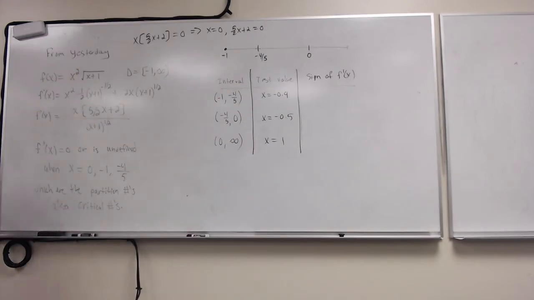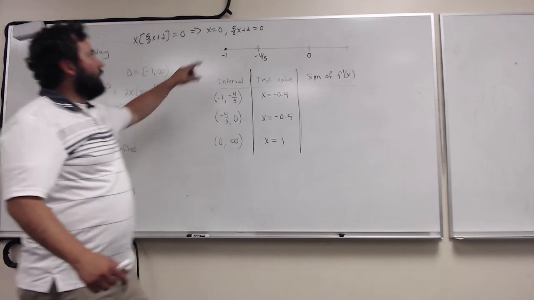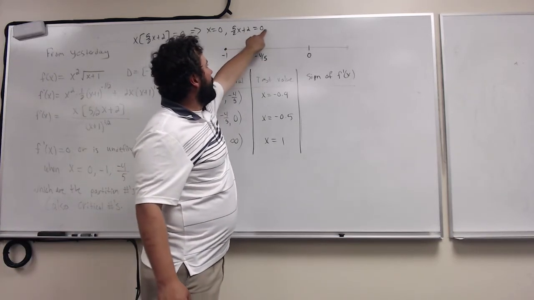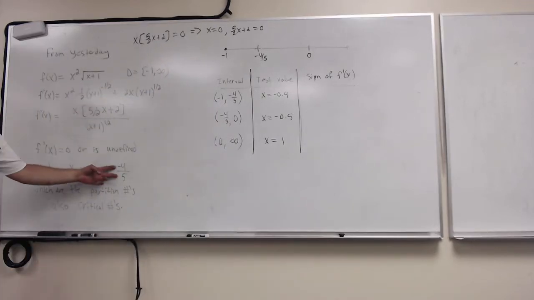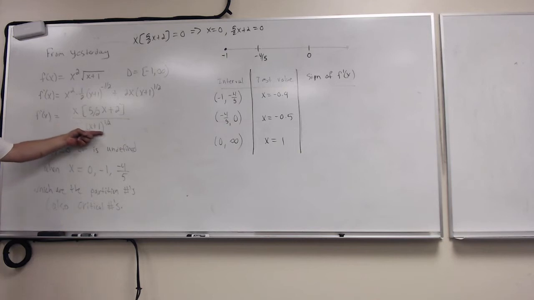So that gives me the first partition number of 0, a place where the derivative was 0 or undefined. And then if you solve this second equation for x, you can subtract 2 and then divide both sides by 5/2. That's where the -4/5 came from. And then the denominator is going to equal 0 when x equals -1. So those are the partition numbers.